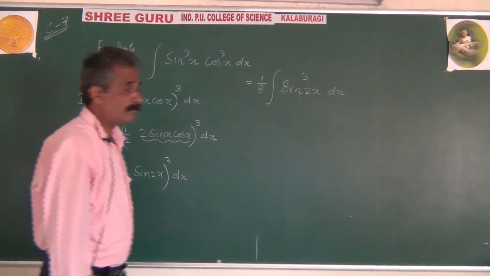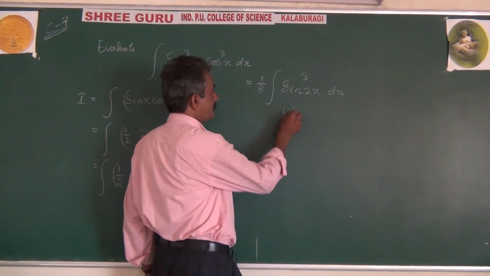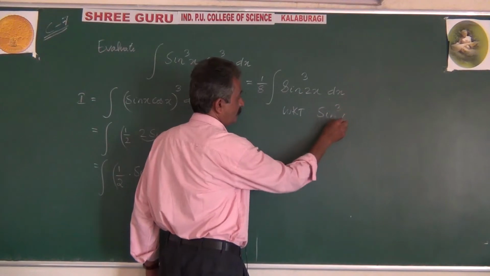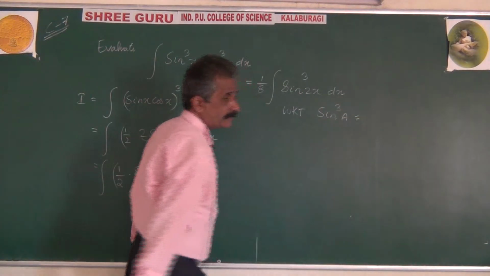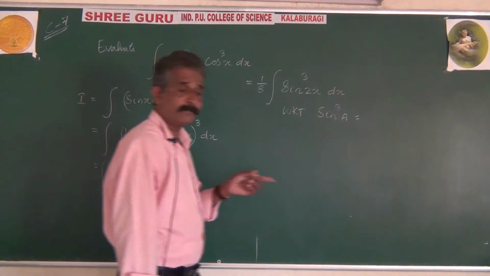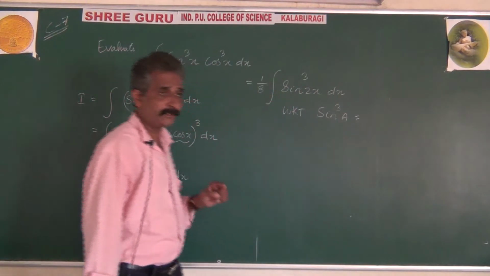Now we have a direct formula for sin cube a from trigonometry. We know sin cube a or sin cube theta. This formula, what I am writing, can be derived from the formula of sin 3a. Sin 3a formula is 3 sin a minus 4 sin cube a.